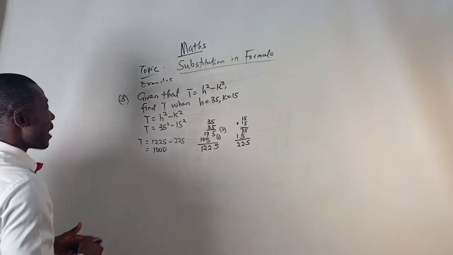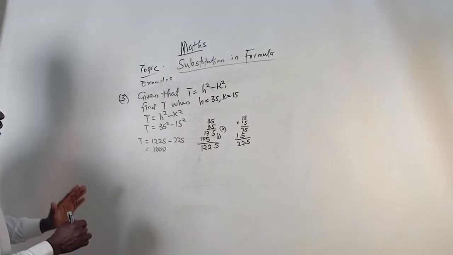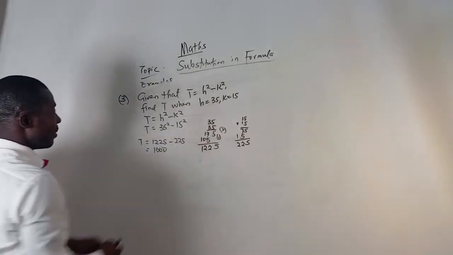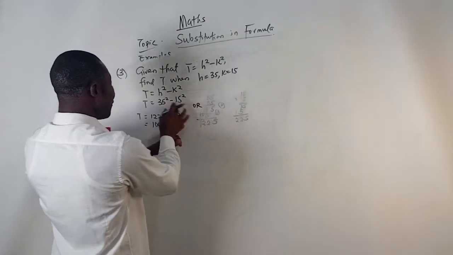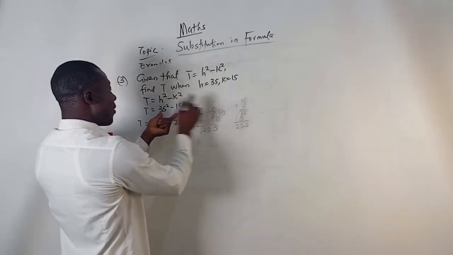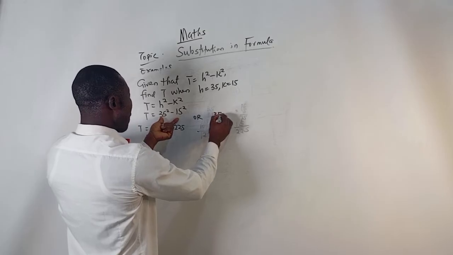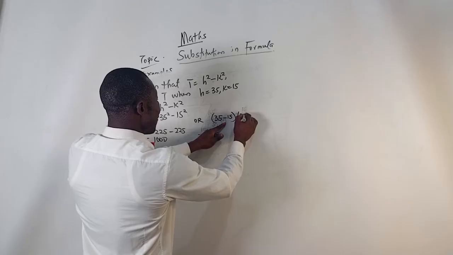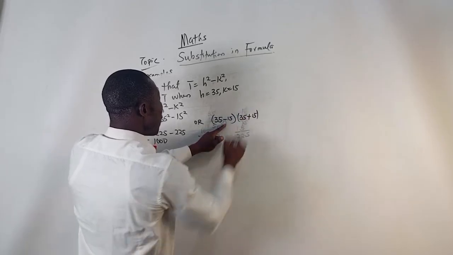We can also use another formula that will combine this. We look for the addition of this and the subtraction of it. The other method, because this is minus, we have 35 minus 15, and we have 35 plus 15. We call this the power of product.